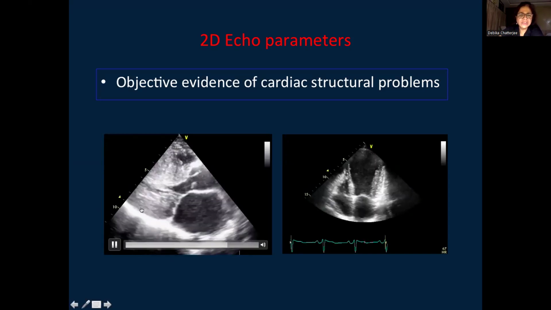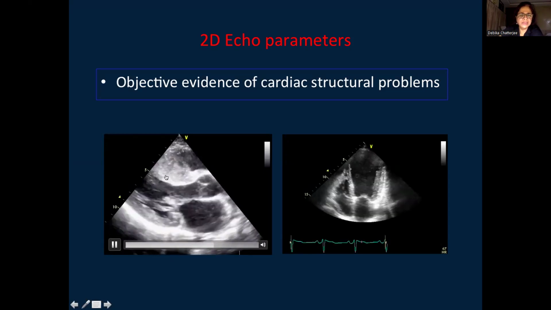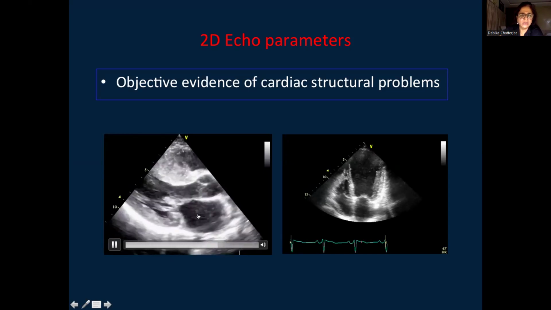So one such is this disease. If you look carefully, there is asymmetrical septal hypertrophy. So it is a case of hypertrophic cardiomyopathy, and also the left atrium is enlarged.